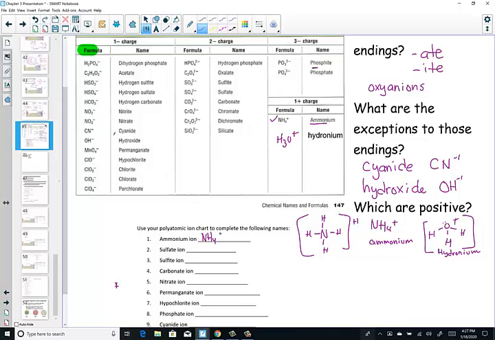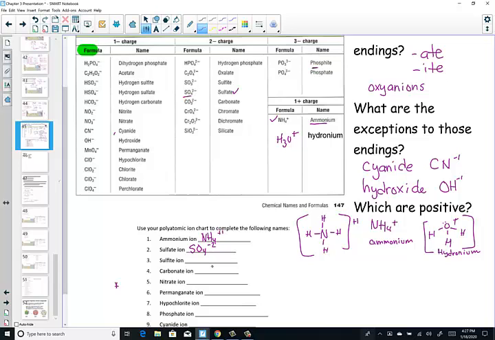NH4 and the charge is a +1. There's 1 nitrogen chemically bonded to 4 hydrogens with a net +1 charge. Sulfate, you found that. It's SO4, 1 sulfur chemically bonded to 4 oxygens carrying a net -2 charge.